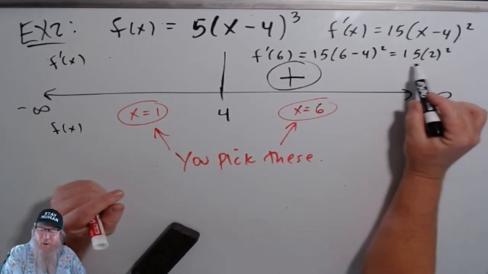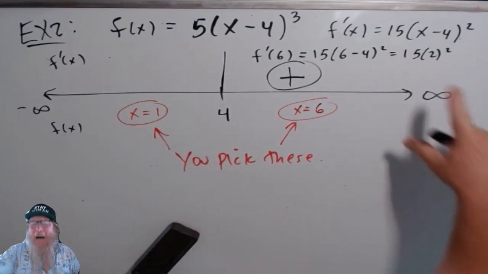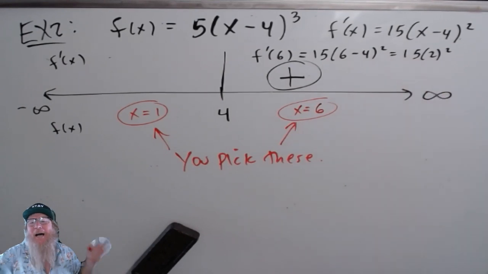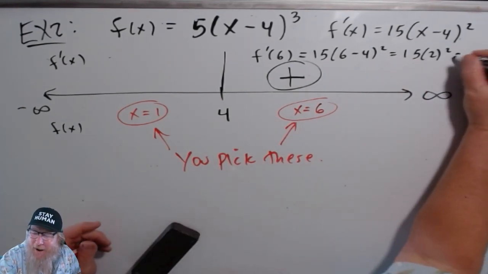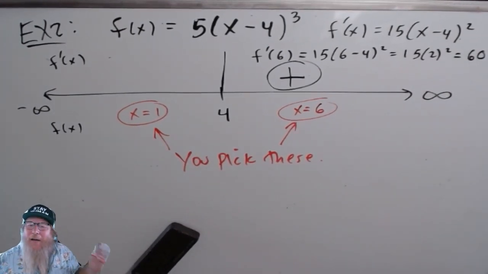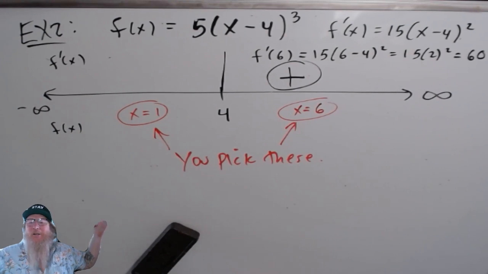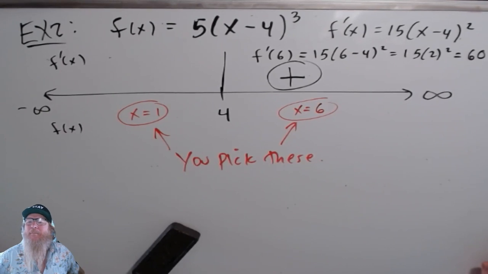Especially when these problems start getting more complicated, I don't want you spending a bunch of time calculating what that is. It's 60 if you actually care. But at some point you can just go, I don't care what it is, because the numbers might start to get up into the hundreds and the thousands, and I really don't need you spending a lot of time calculating it. Okay.